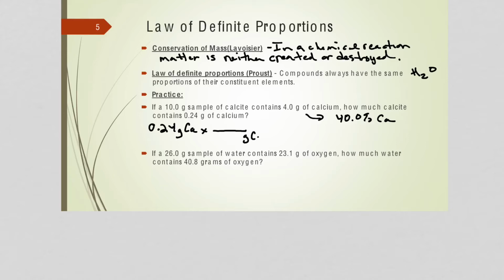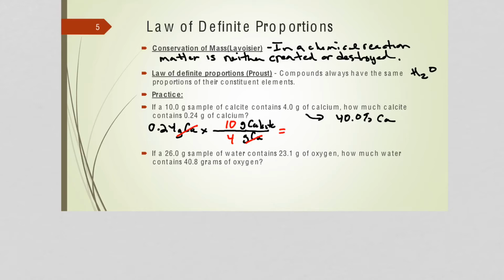So we want our grams of calcium on the bottom to cancel out, right? That's our given. And we want the grams of calcite on top, right? That's our desire. So this will allow my grams of calcium to cancel out. So according to what they told us, we have 4 grams of calcium for every 10 grams of calcite.